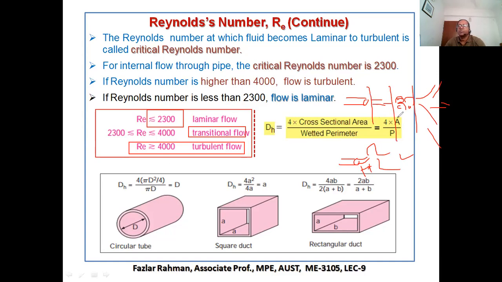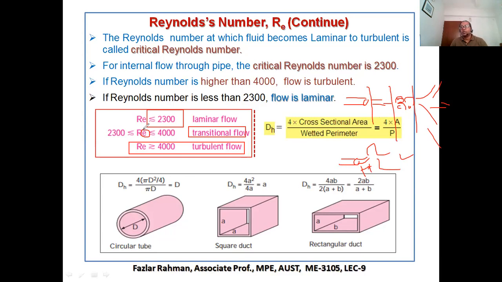So we are not worried about the transition flow. We are worried whether flow is laminar or turbulent. If you have Reynolds number in between this region, you can say flow is over 2300, you can say turbulent. If less than 2300, you can say laminar.